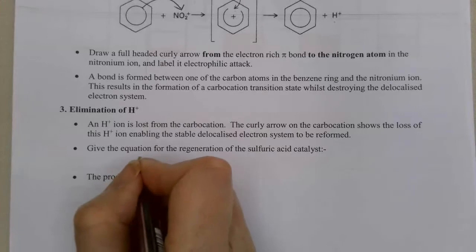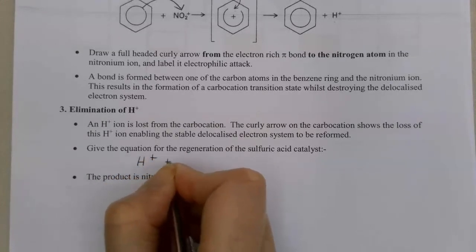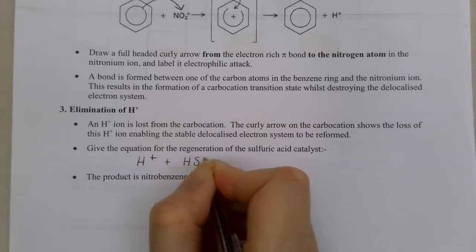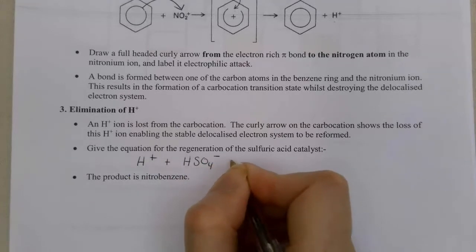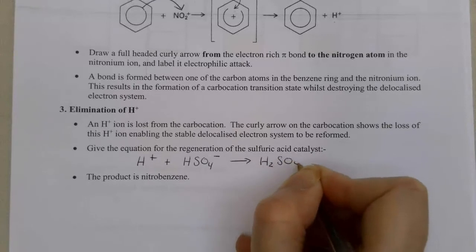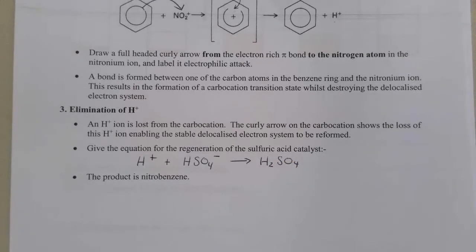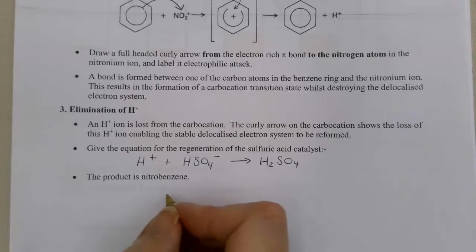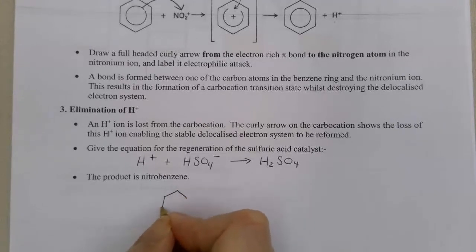So that hydrogen ion is now free to react with the HSO4 minus to reform the sulfuric acid, and that's another reason it's classified as a catalyst, because it reforms at the end of the reaction, and our product is just nitrobenzene.